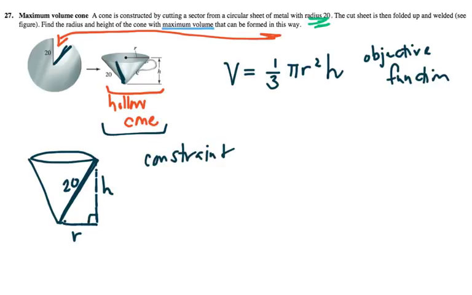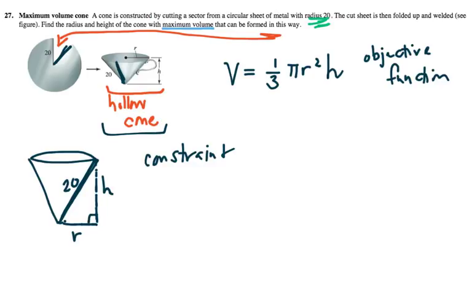So the question is, how do I relate these? Well, that just takes some practice and some thinking about it, and maybe even some trial and error. But I can tell you, I don't think we want to introduce any kind of trigonometric function, because that's going to introduce another variable with a theta, or whatever we might call an angle.